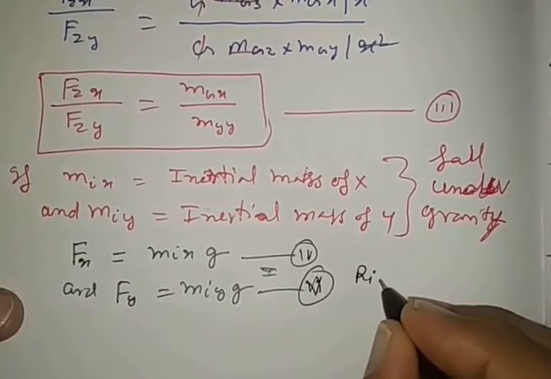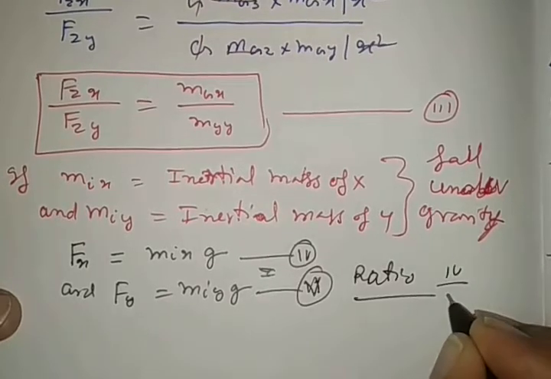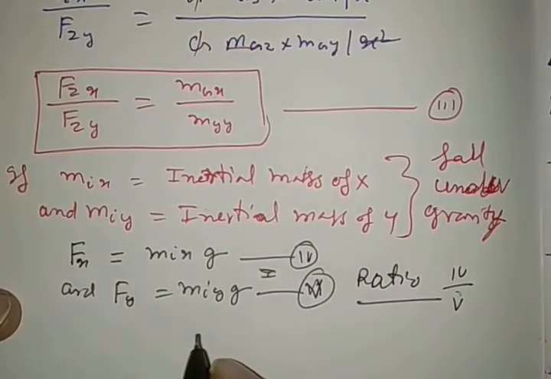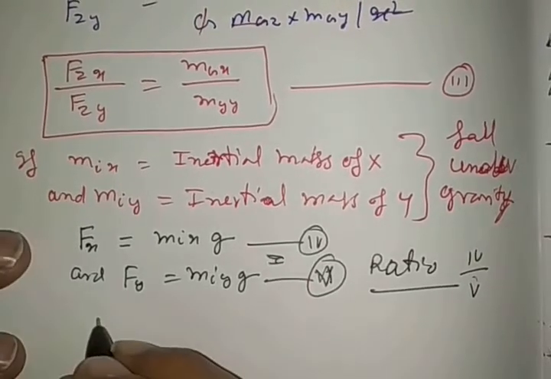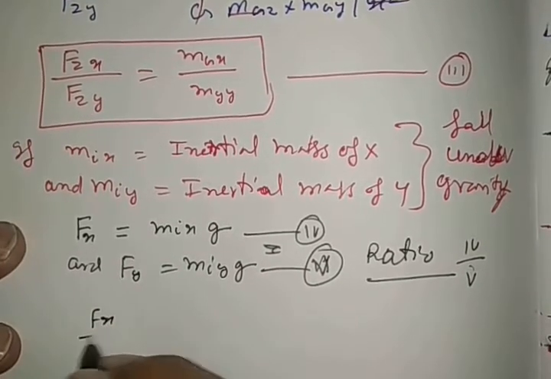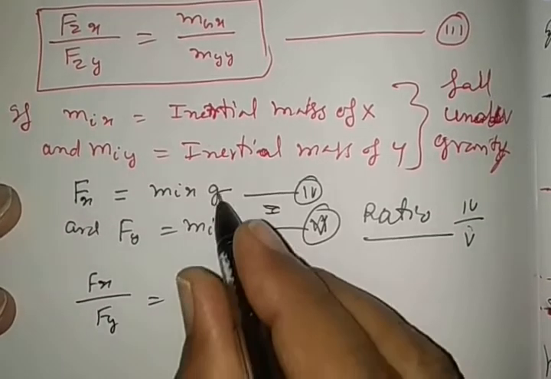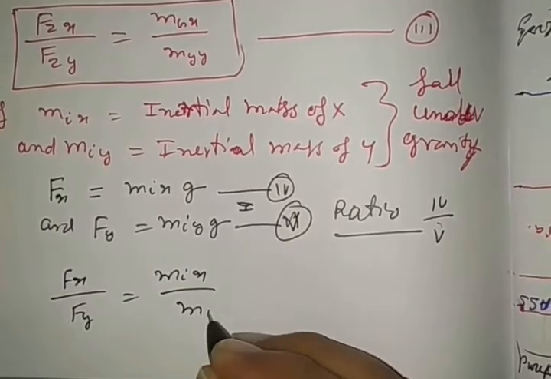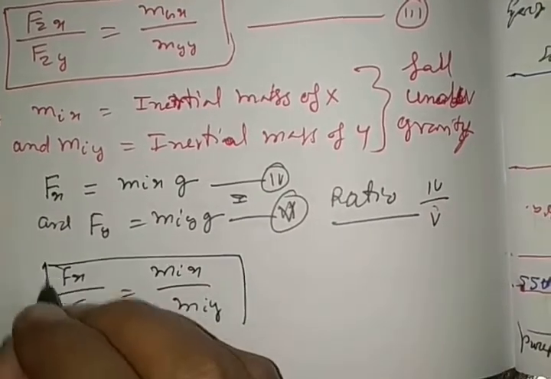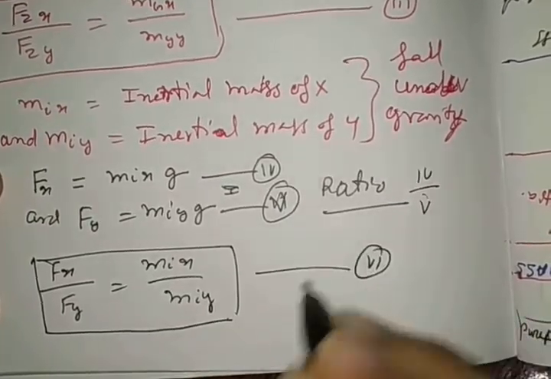So the ratio of 4 to 5 we may obtain in this case: F_x / F_y = m_ix / m_iy, the g cancelling, and it is represented by equation 6.